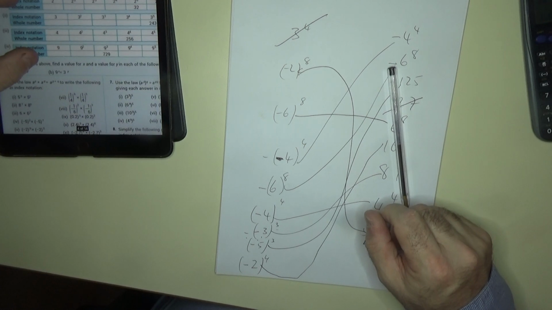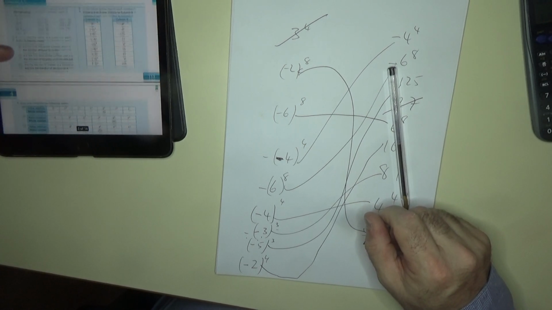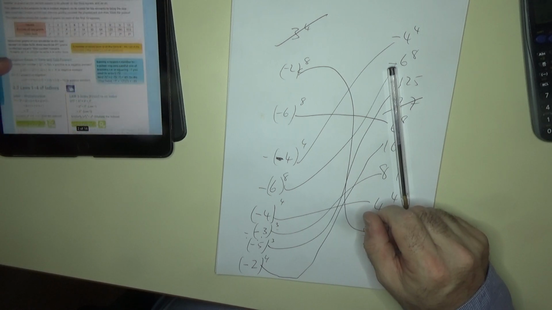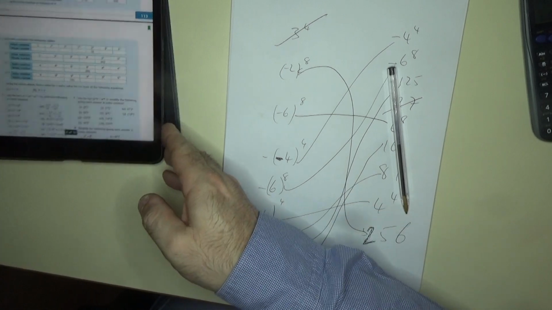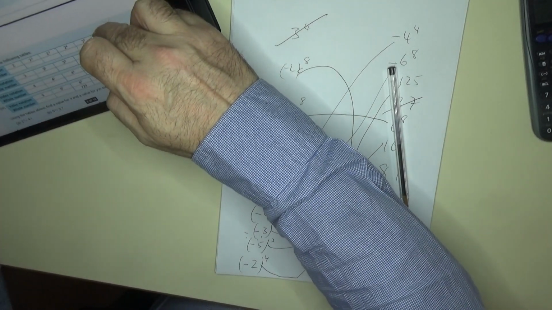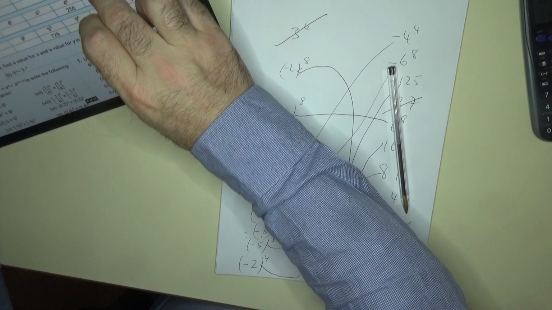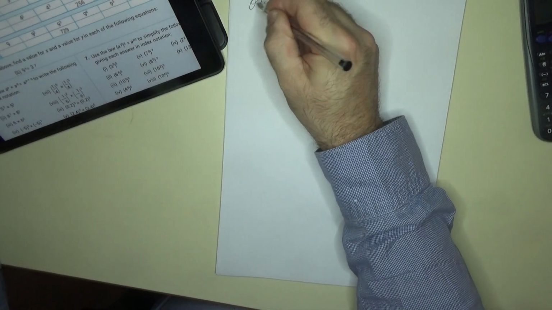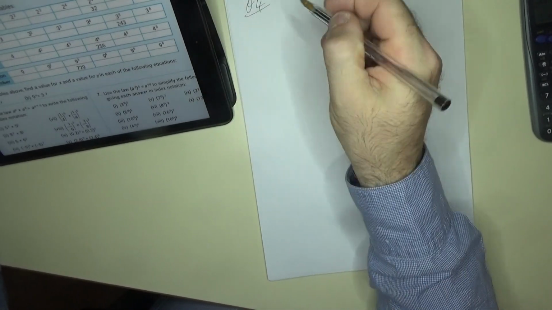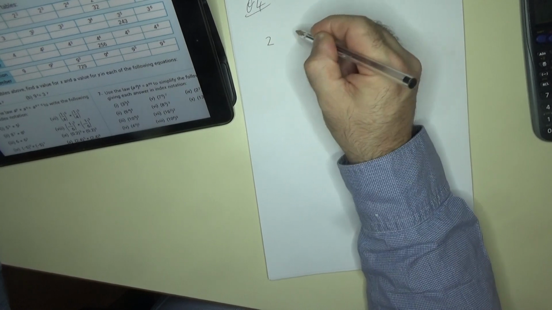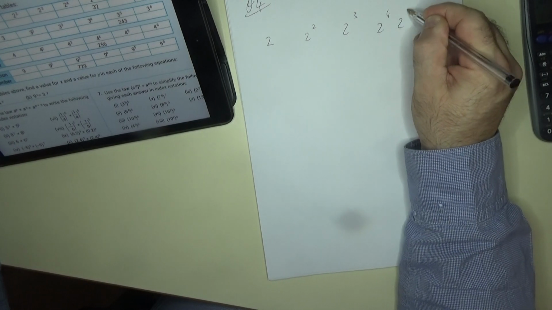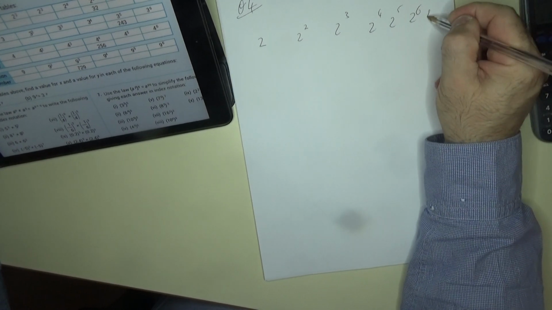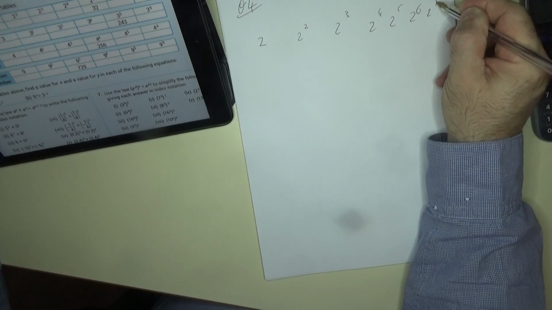Now, pushing on down to question 4. We're just doing powers of 2. 2 squared, 2 cubed, 2 to the 4, and my biggest problem here is just fitting it into the page. 2 to the 5, 2 to the 6, and 2 to the 7.